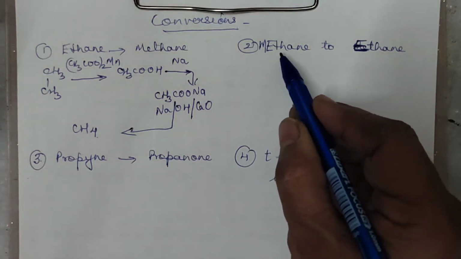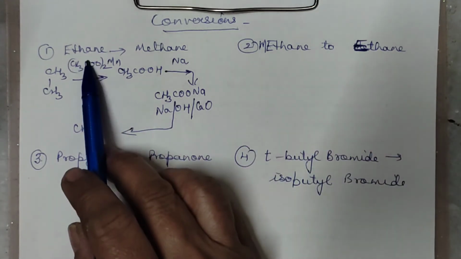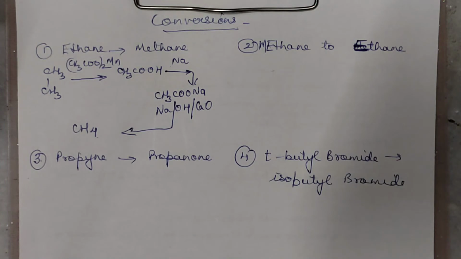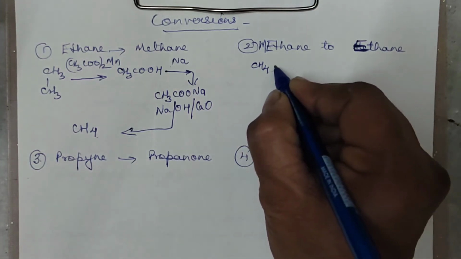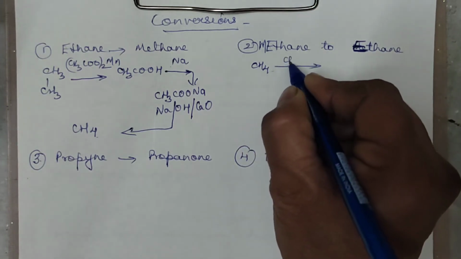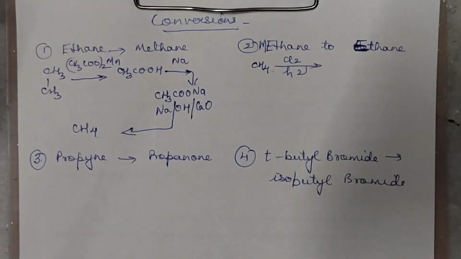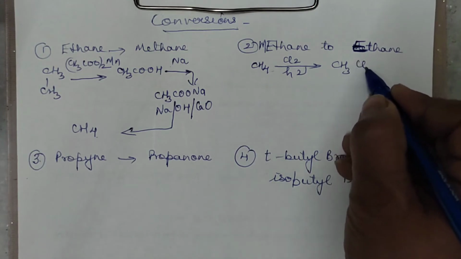Now the next is methane to ethane. You have to increase the carbon atom. Here it was 2 carbon becoming 1. Now 1 is becoming 2. So you remember Wurtz reaction in this. What you do is, you will take methane. You will react methane first with a limited quantity of chlorine. In the presence of sunlight, the reaction will occur, and then it will form methyl chloride.